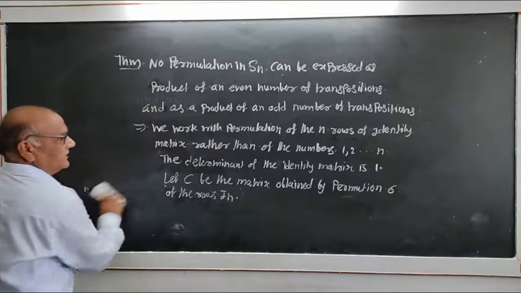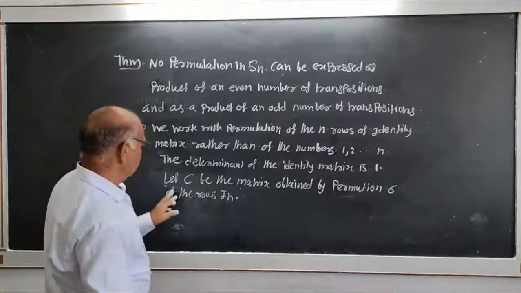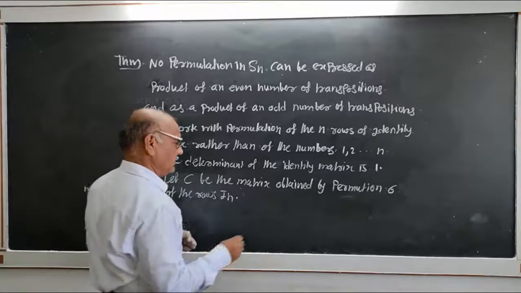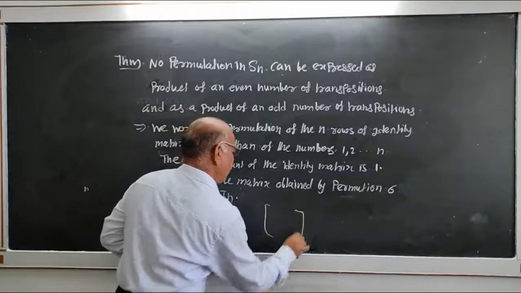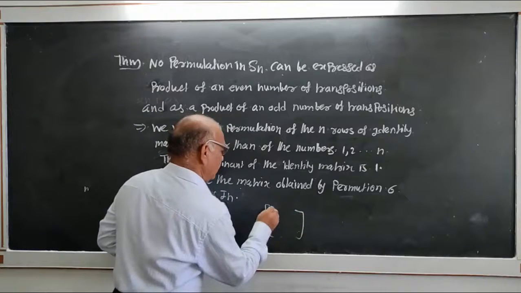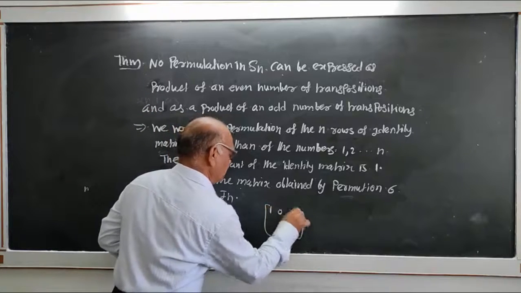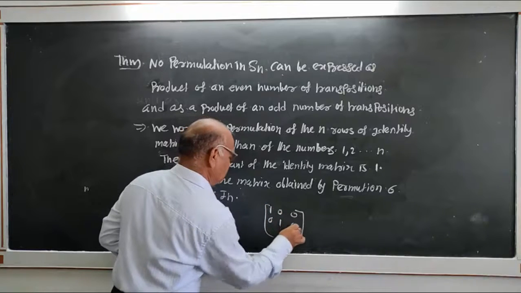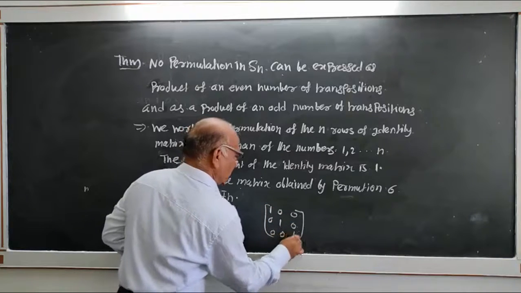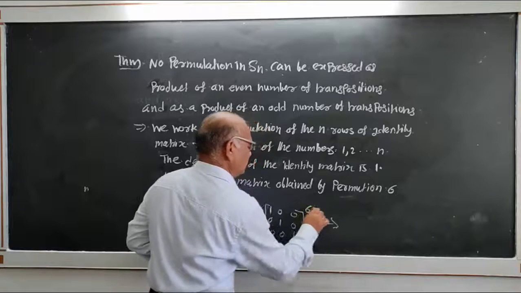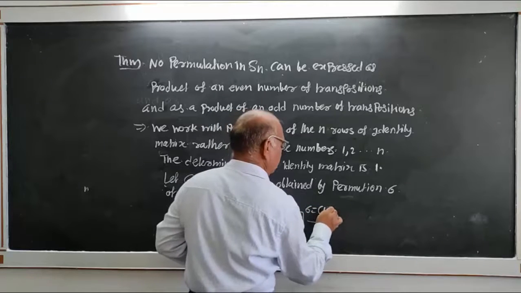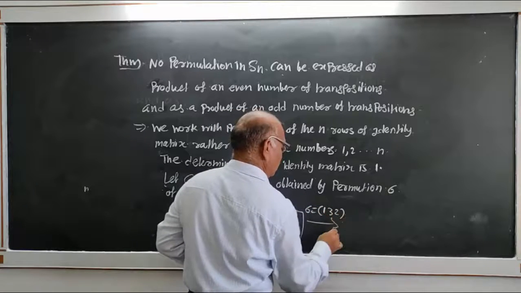Let me see here like this. Here, for example, 1 0 0, 0 1 0, 0 0 1, and sigma is equal to, suppose, (1 3 2).